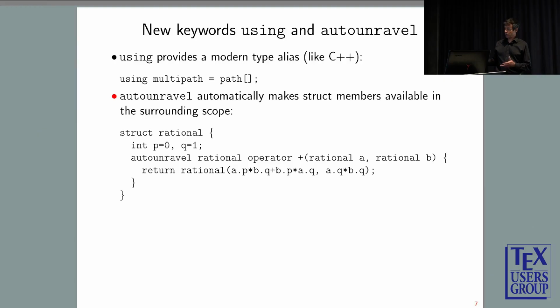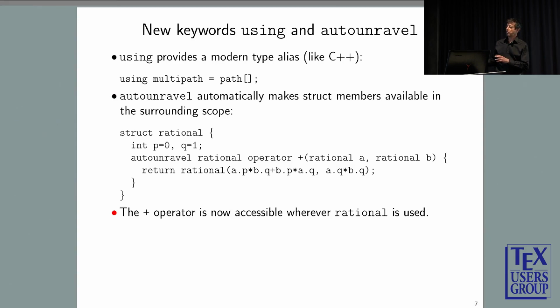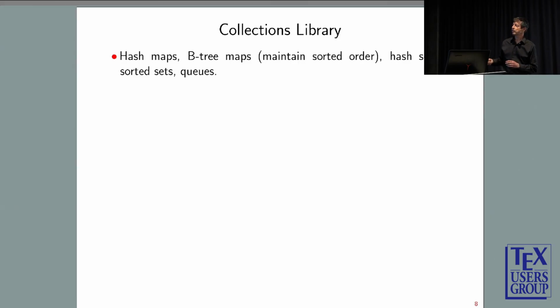If we didn't have this auto-unravel keyword, this would have to be declared outside of the structure. This way you can keep everything nice and self-contained, and you can still access it outside. The auto-unravel basically unravels this out of the structure so that the plus operator is now accessible wherever rational is used. And so that's really nice.